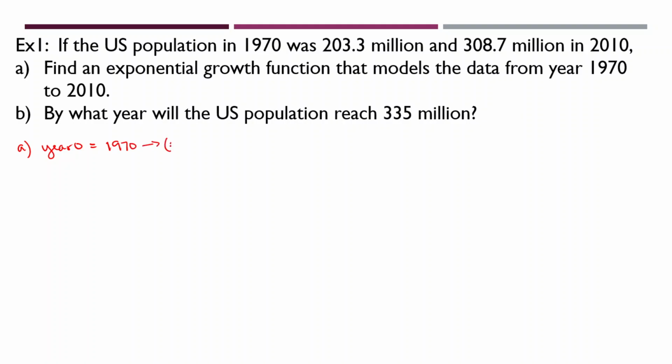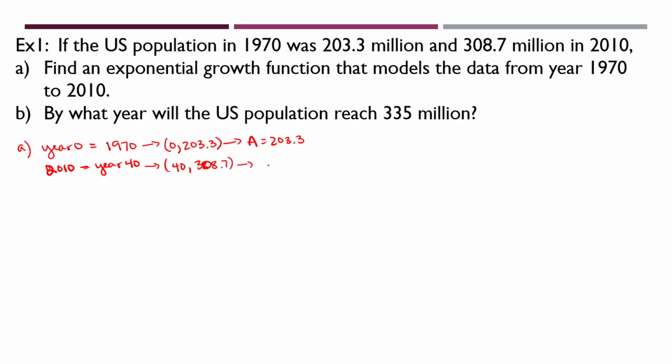So this means I have the point (0, 203.3), and that means A is 203.3. Then that means that 2010 is going to equal year 40. So I have the point (40, 308.7).